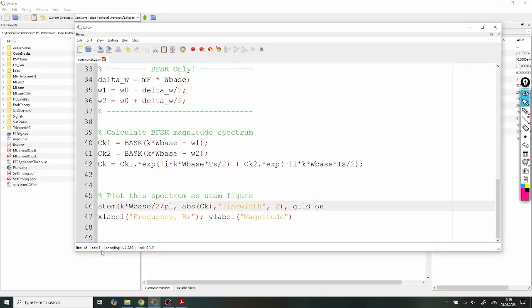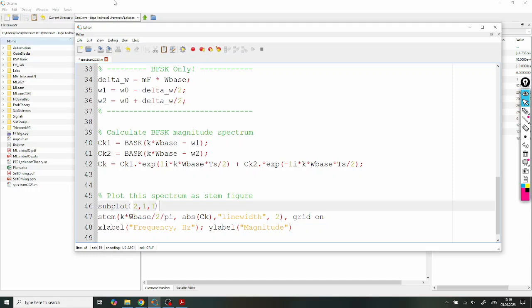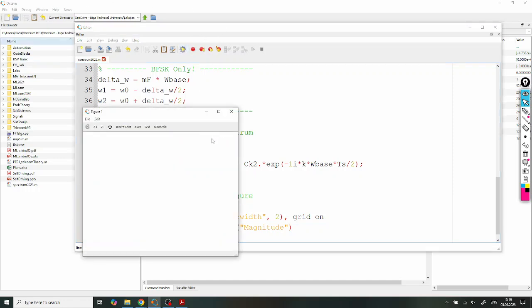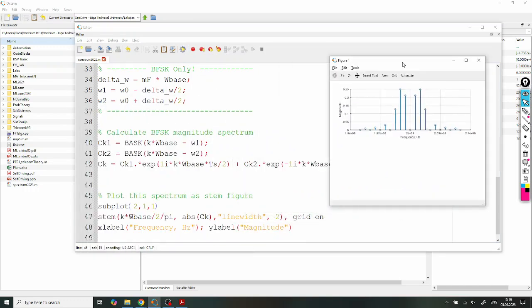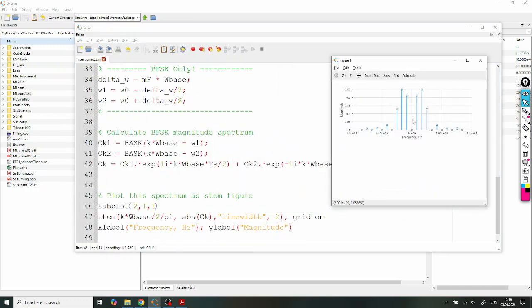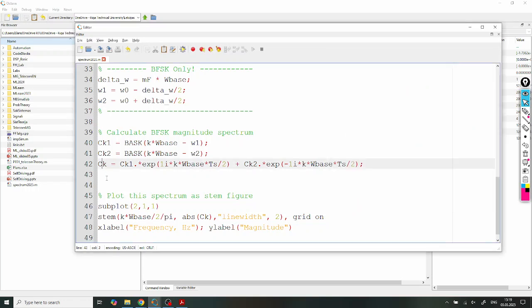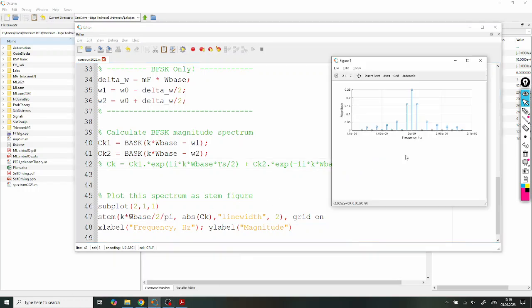So I am going to use subplot, 2 rows, 1 column, picture number 1. So here we now have this frequency shift keying spectrum. If I want to display amplitude shift keying, I will just comment this line and you will see amplitude shift keying spectrum.